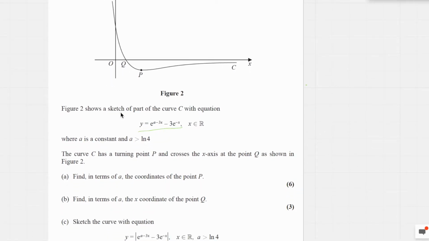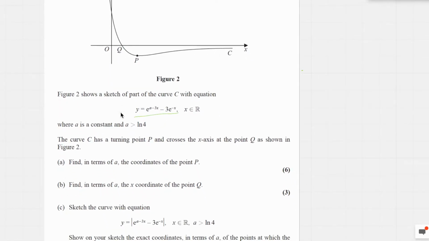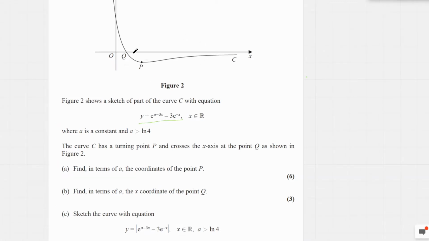In part A, we have to find in terms of a the coordinates of the point P. To do that, we can differentiate the equation of the curve C, and that derivative should be equal to 0 at the turning point, because dy/dx equals 0 at any turning point.